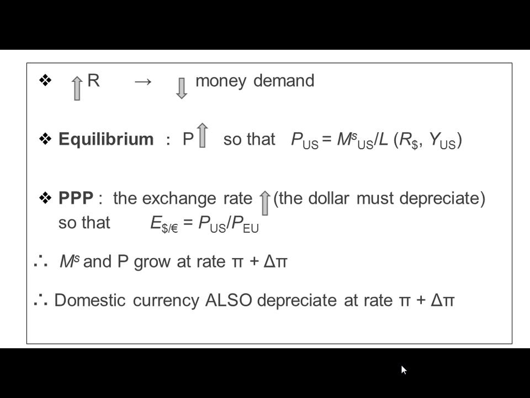Under PPP, the exchange rate will also rise, which just means the dollar must depreciate so that the exchange rate between the dollar and the euro equals the price levels. So the money supply and the price levels grow at the same rate, and the domestic currency also depreciates at the same rate as the money supply and the price levels.